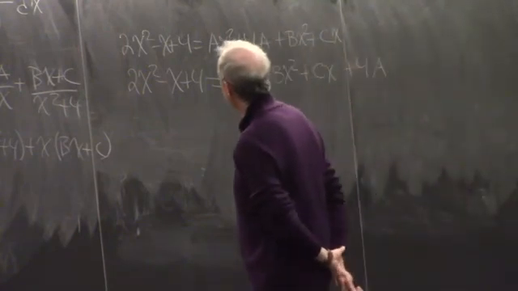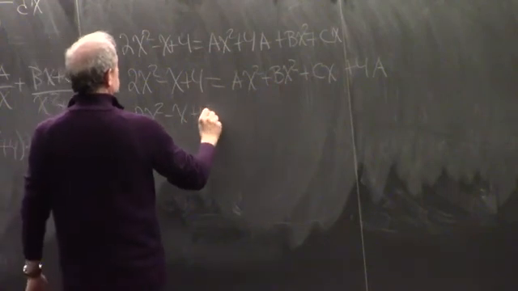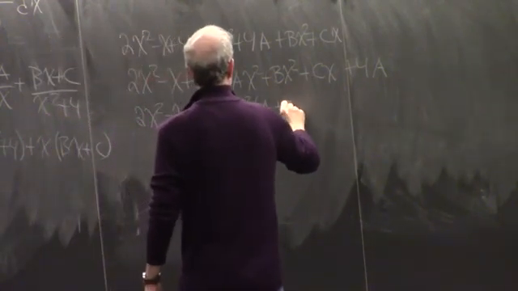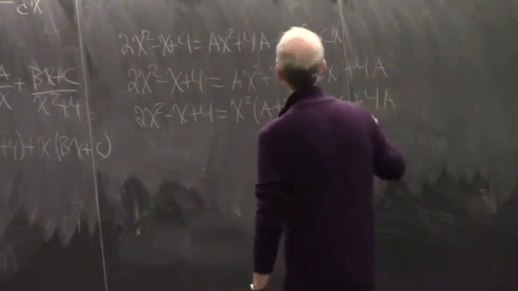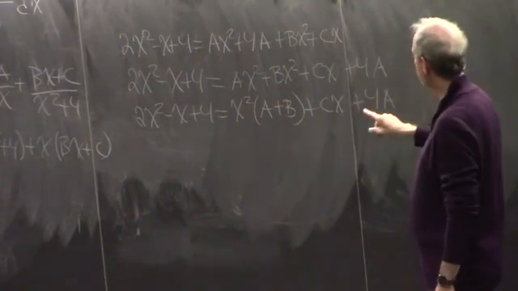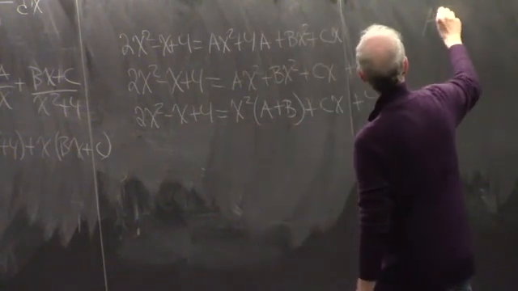And then pull out x^2, and you get x^2 times (A + B) plus Cx plus 4A. So I know that A + B has to equal 2.